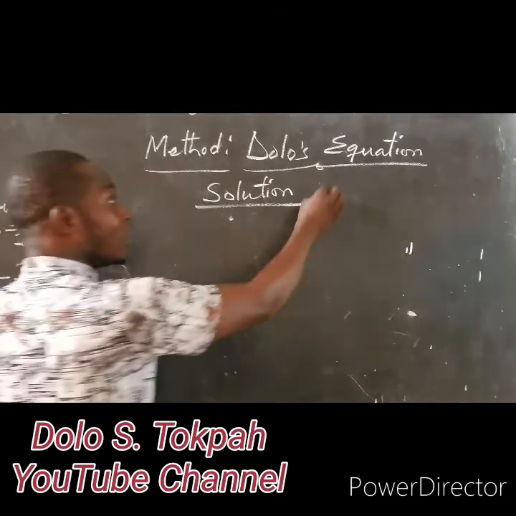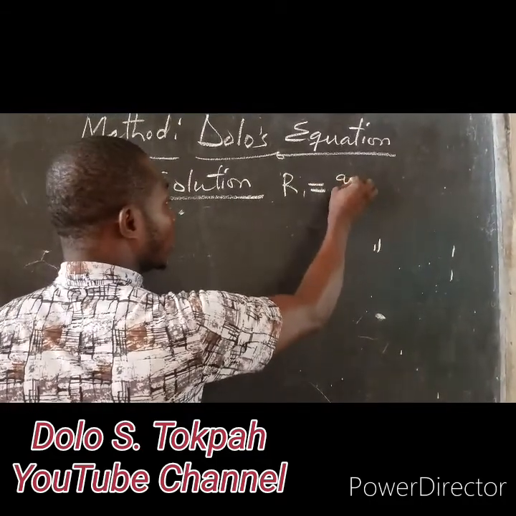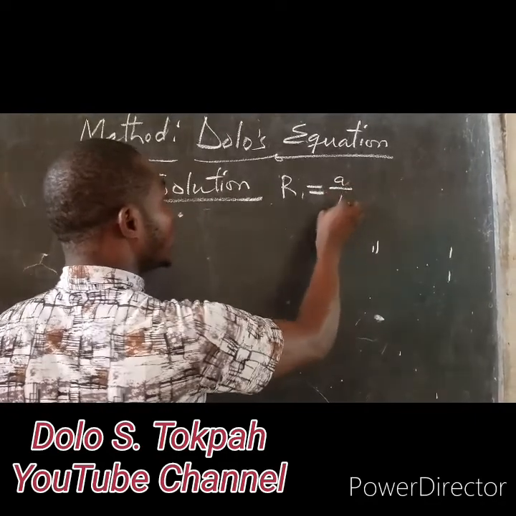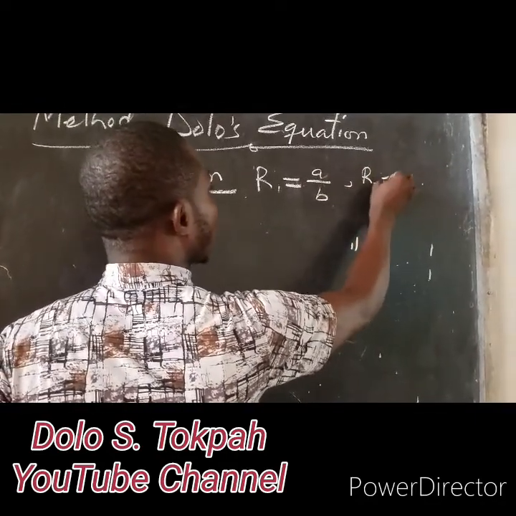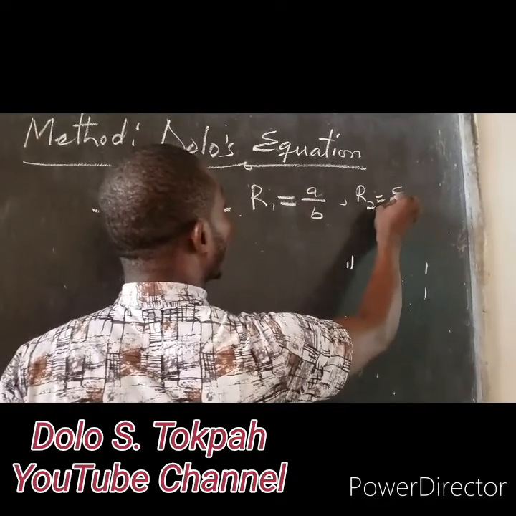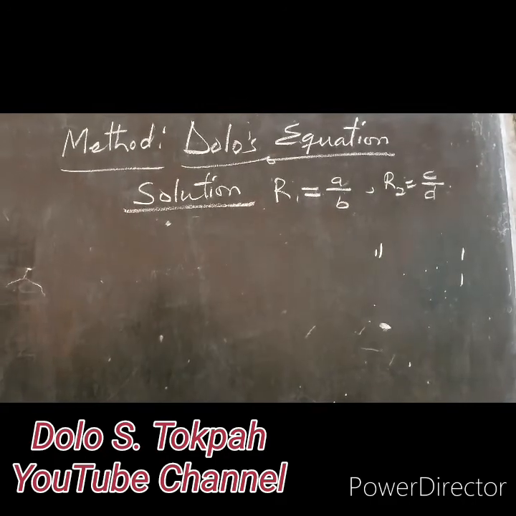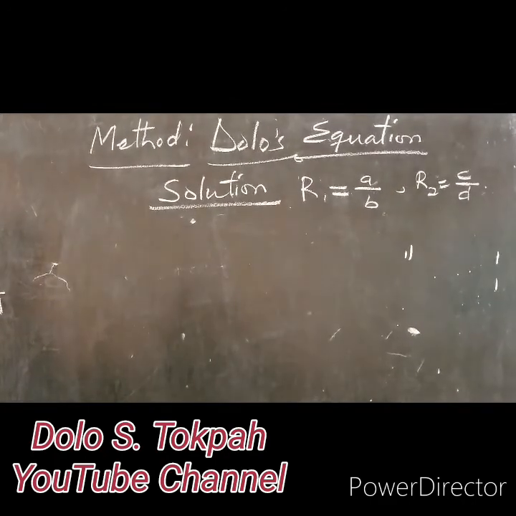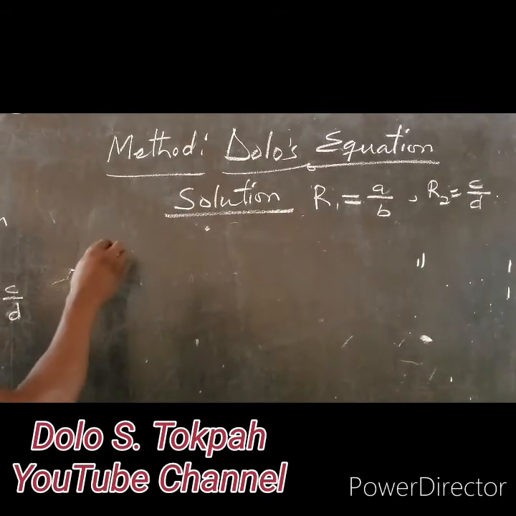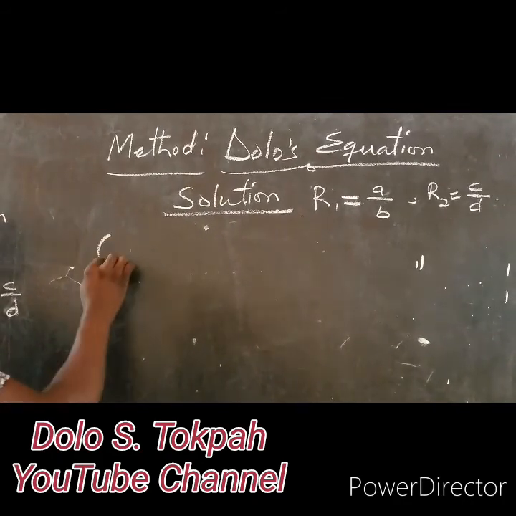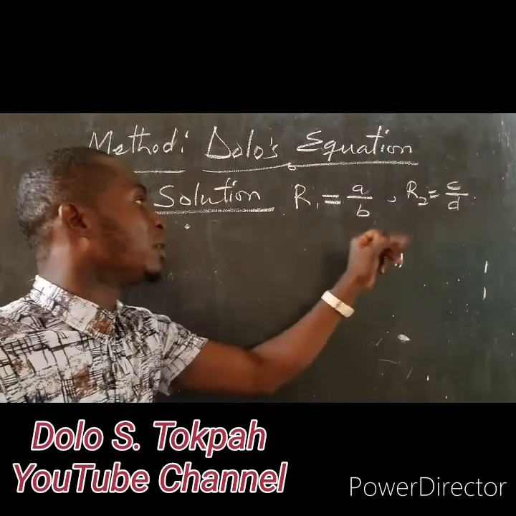We said the first root in our analysis is expressed as A over B, and the second root is expressed as C over D. So to use the Dolos equation, the entire equation is: parenthesis open, we multiply the two denominators.